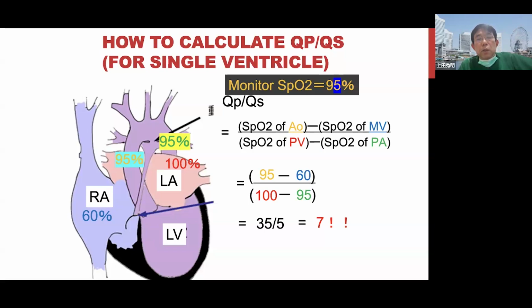But if saturation goes above 90 percent, it means the systemic flow is very lacking. So we should keep in mind that something is wrong with those saturations. We should act to correct the Qp/Qs.